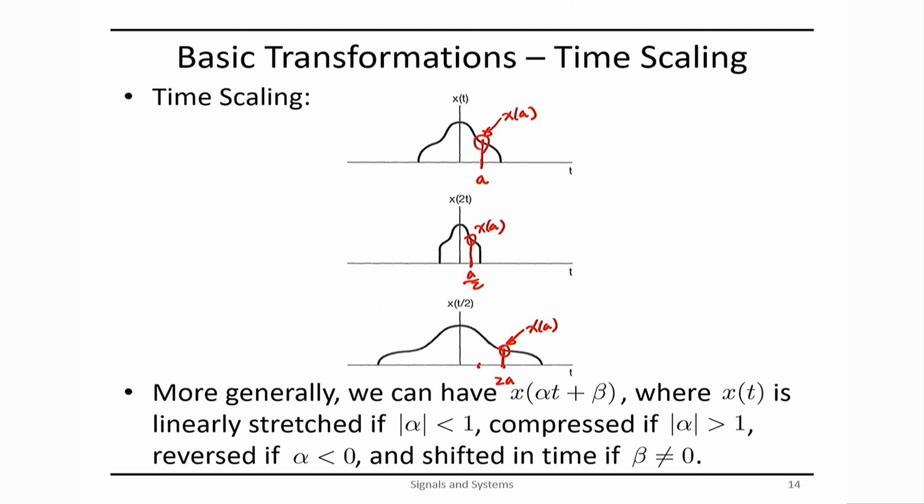If you think of x of t as some music signal that you're listening to, then multiplying the time index by 2 is like fast-forwarding the music that you're listening to. Now instead, if you divide the time by 2, then the time is progressing slower. So this is like playing a video in slow motion. So it stretches the signal out.